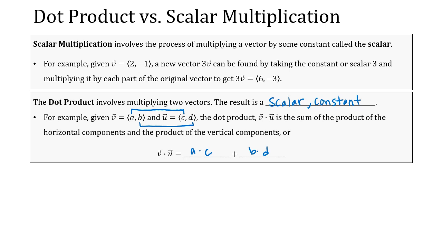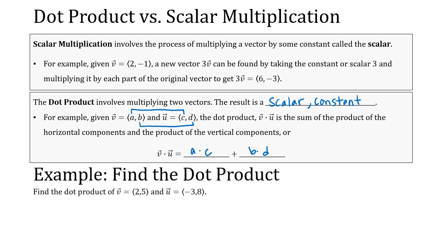And let's take a look at an example so that we can see that this really does end up equaling a scalar or a constant. In this example, we're asked to find the dot product of position vector ⟨2, 5⟩ and position vector ⟨-3, 8⟩. So I'm going to write the dot product of those two vectors, and I am going to take the horizontal components, the 2 and the -3, and I'm going to multiply those, and I'm going to add to that the product of the vertical components, so 5 times 8.